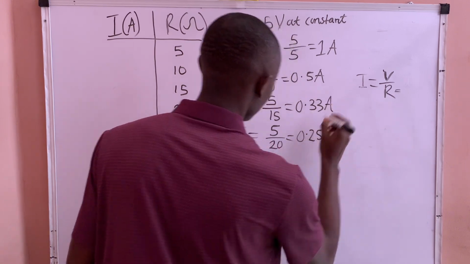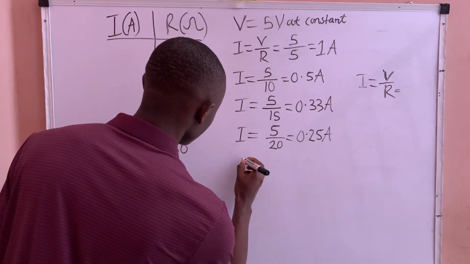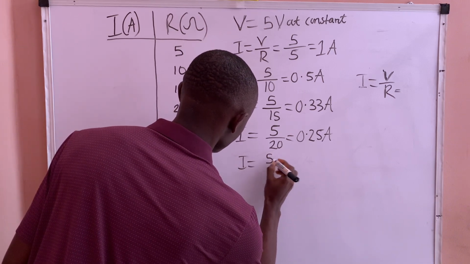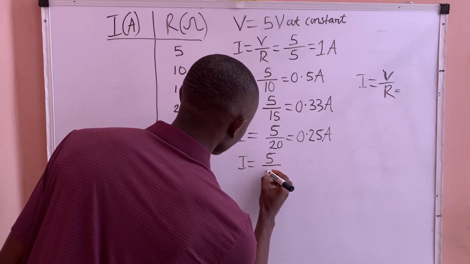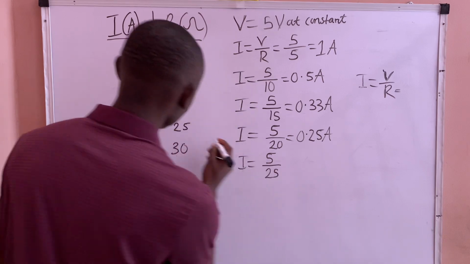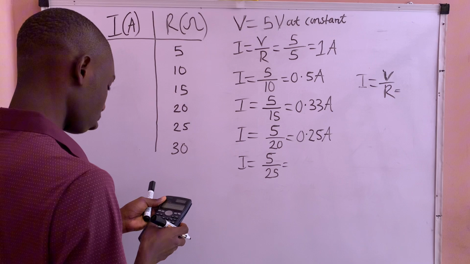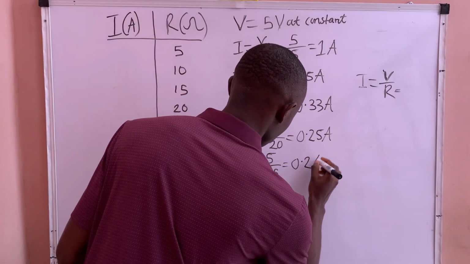Remember, we are dealing with current. For the fifth one, I will be equal to 5, our constant voltage, divided by the resistance value, which is 25. So 5 divided by 25 will give us 0.2 amps.